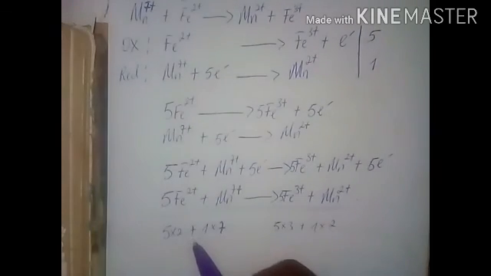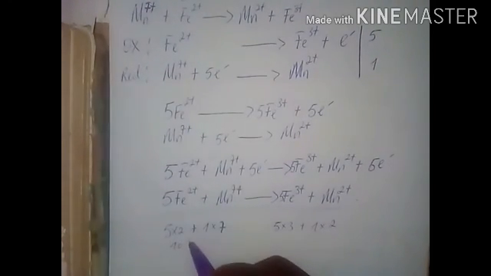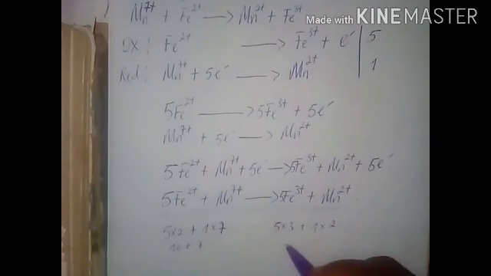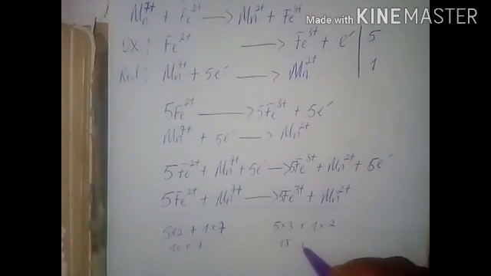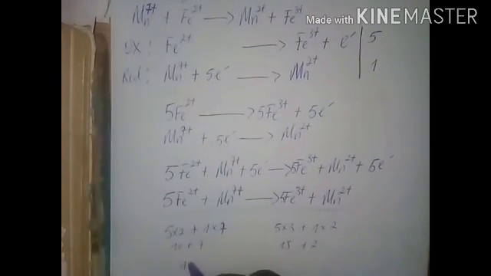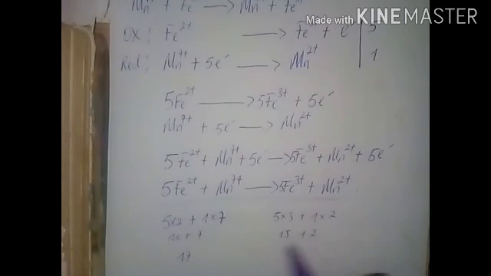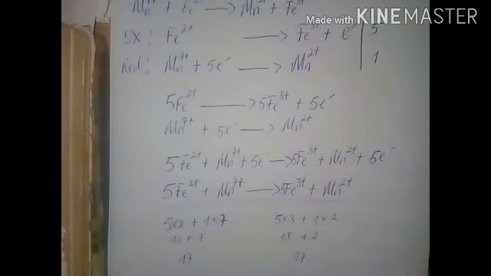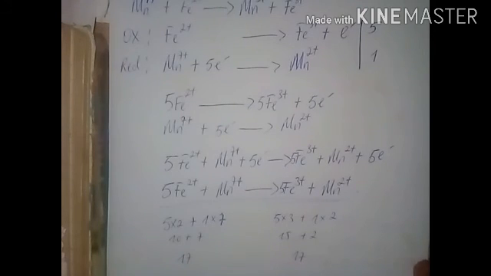So when we do this, we see that here we have 10 plus 7, and here we have 15 plus 2. 10 plus 7 gives us 17, while 15 plus 2 gives us 17. So you see that the charge on the left hand side of the equation is equal to the charge on the right hand side. This tells us that the charge is balanced.